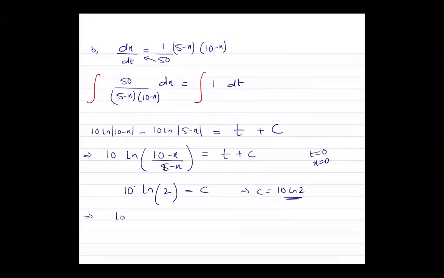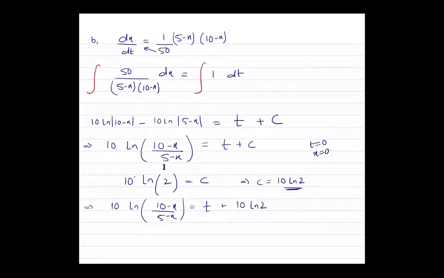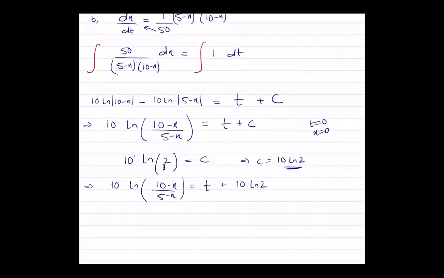So 10 ln((10 minus x) over (5 minus x)) equals to t plus 10 ln 2. If I divide 10 on both sides, the equation is going to be (10 minus x) over (5 minus x) is equal to e to the power of (t upon 10 plus ln 2).